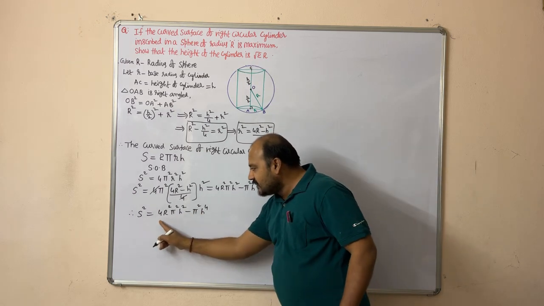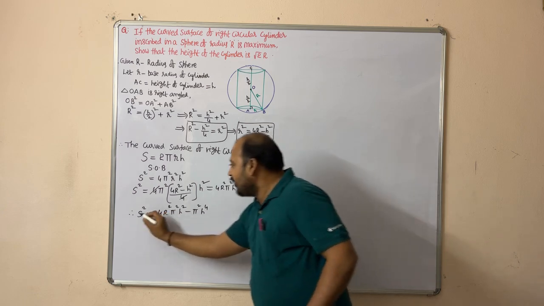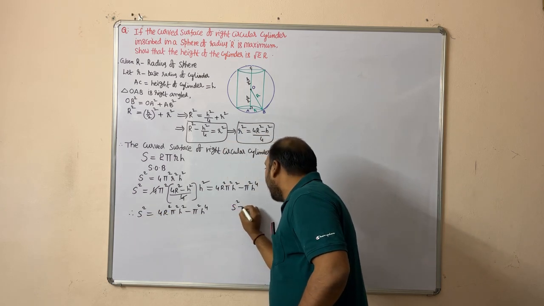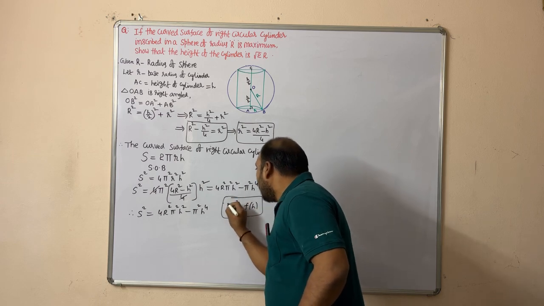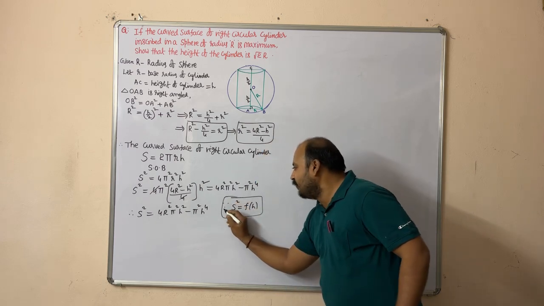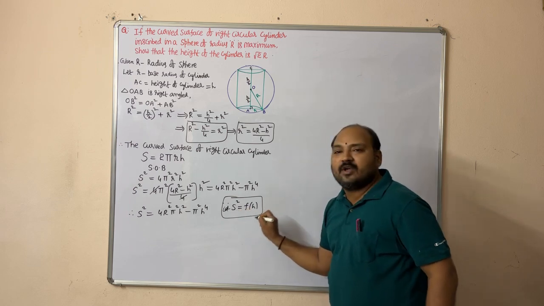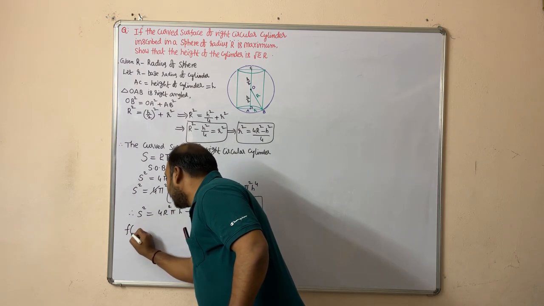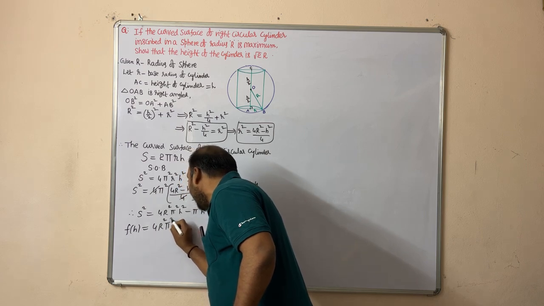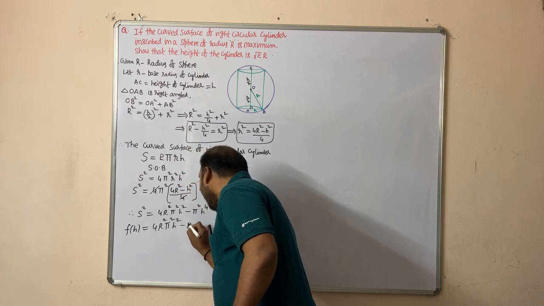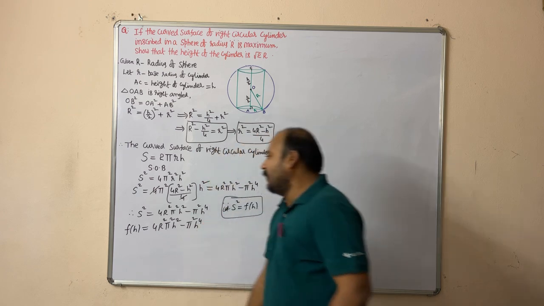That is the reason S square is a function in terms of H. So I am assuming that S square is equal to f of H. So f of H is equal to 4 R square pi square H square minus pi square H power 4.